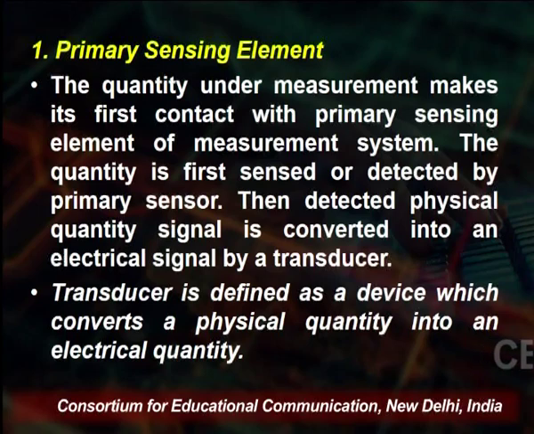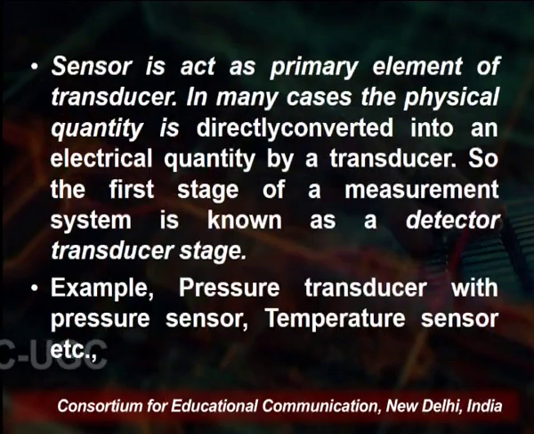Next, the detected physical quantity is converted into an electric signal by the transducer. A transducer is defined as a device which converts a physical quantity into an electrical quantity. So whenever we measure an electric signal, we use transducers which convert the physical quantity into the electrical quantity. That is the primary sensing element.